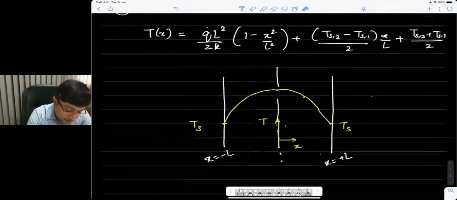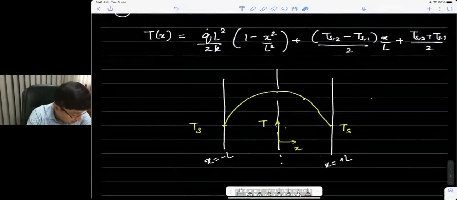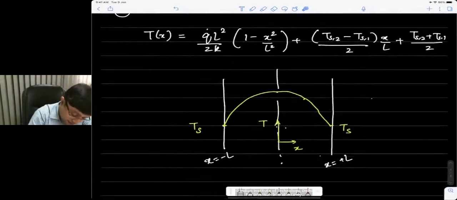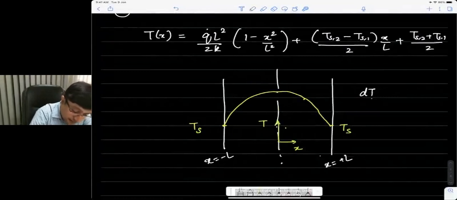The second part is that for that kind of a profile, dT/dx at x equal to 0 will be 0.